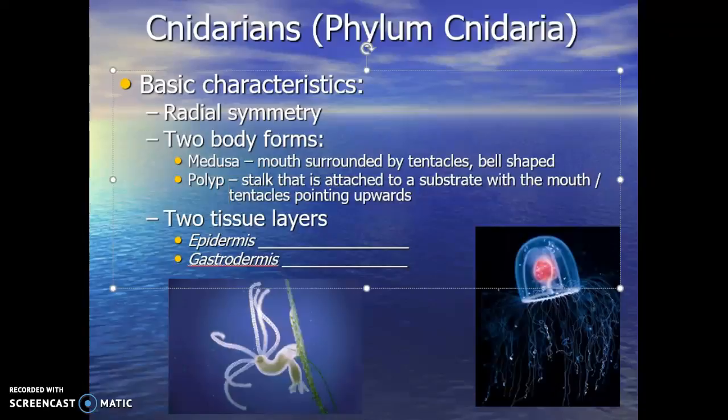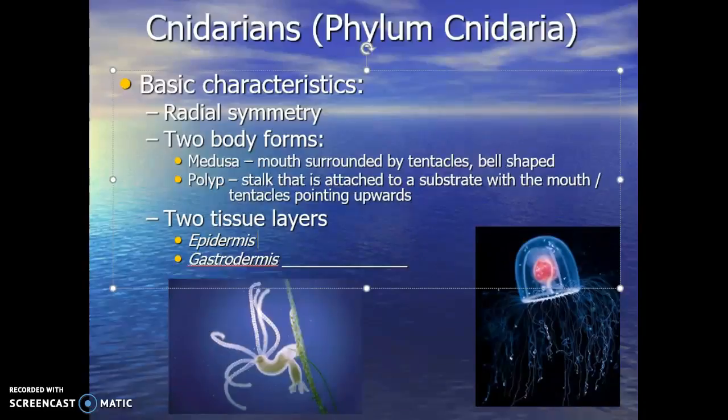Now, Cnidarians alternate back and forth sometimes. Sometimes they spend most of their life in one form, and then just during a reproductive portion, they're a different form. Then they mature, they go back to the other form. It just varies from group to group within the Cnidarians. When we look at the body plan, we're going to find it is composed of two tissue layers.